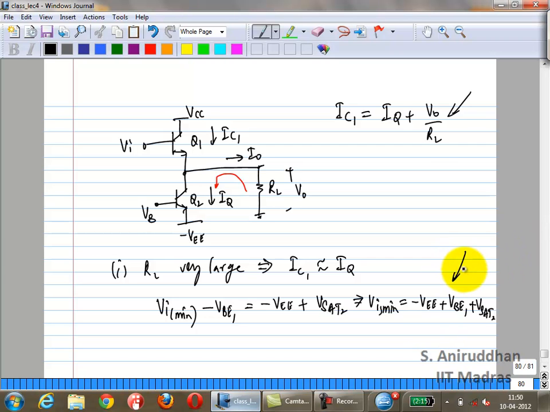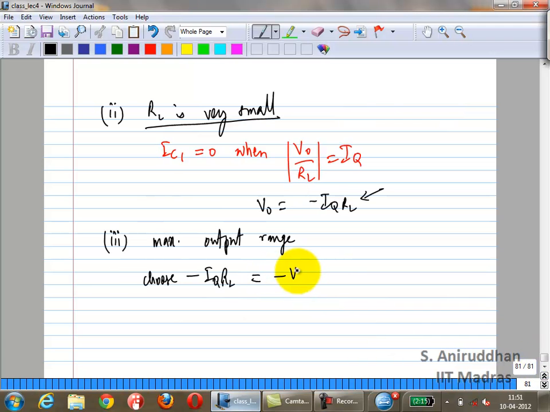But you already know you can go till this is VI min. This will give you a corresponding VO min, minus VEE plus VSAT 2. So that you are going to design, correct?